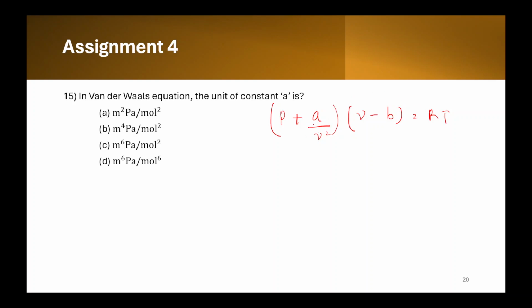There is no N here because I have taken this as molar volume, which is equal to capital V, or volume by N. So what will be the unit of A, the van der Waals constant for intermolecular interaction? Can somebody give me the answer for this?